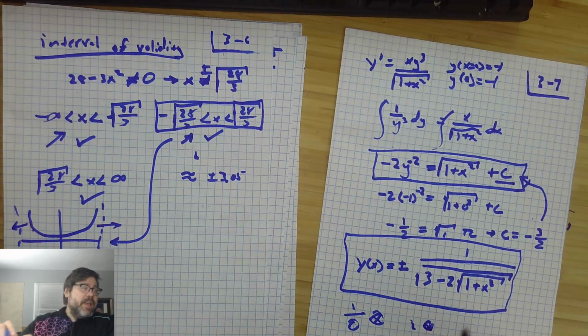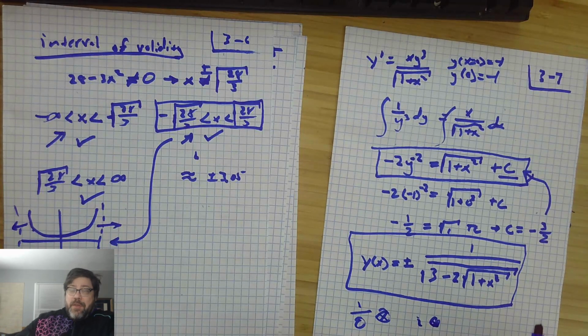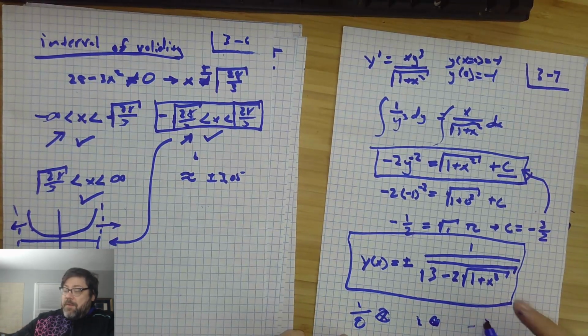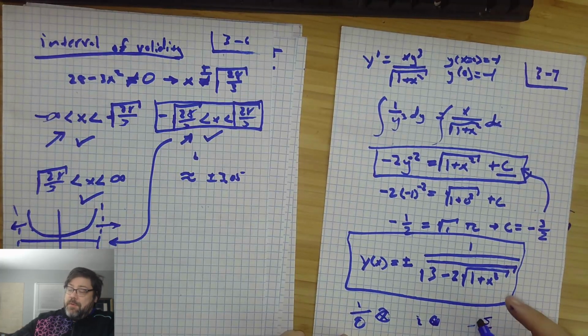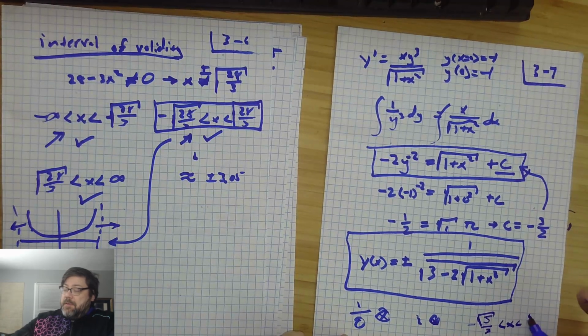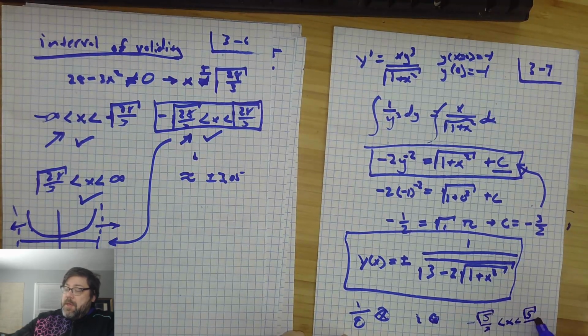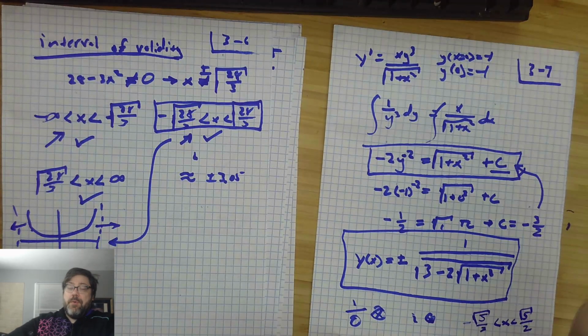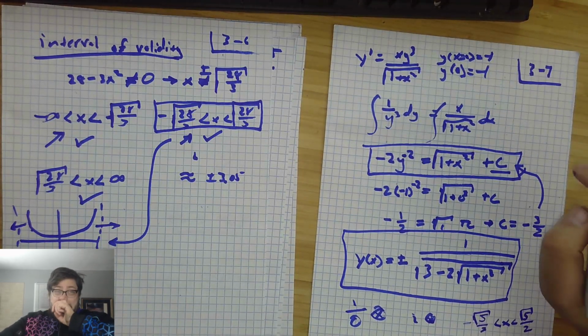For our particular case, as we're running out of time, I'll leave this as an exercise for you. I'll give you the answer: our interval is going to be square root of 5 over 2 to square root of 5 over 2. So this is going to be our interval of validity, right?